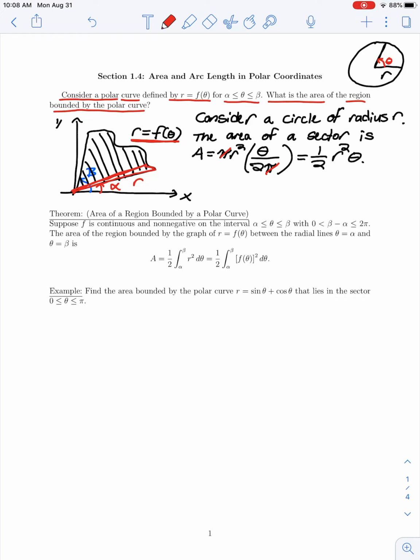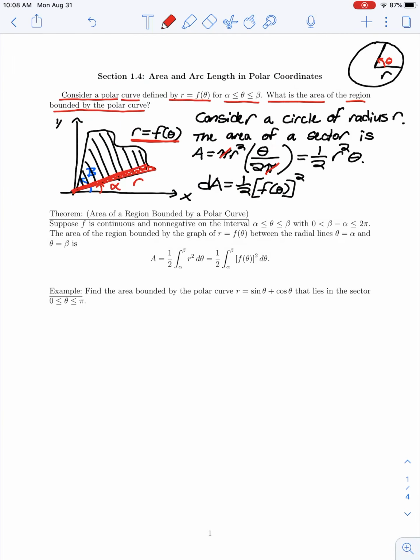I could find the area of this small piece shaded in red, which I'll call a differential of the total area of the region, by using this formula. We would have 1/2 of r squared, but where r is given by our function f of theta, so 1/2 f of theta squared, and then we're multiplying by the angle measure that we rotated by to trace out this part of our sector.